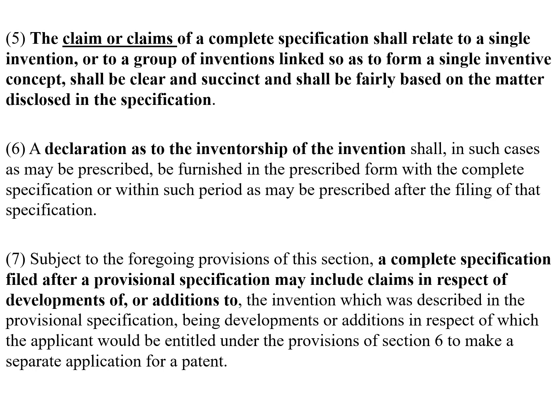Subsection 7 says that a complete specification that is filed after the provisional specification may include claims with regard to the developments, additions, and modifications with respect to the invention that have taken place within the duration of 1 year, within this time frame of filing the complete specification.